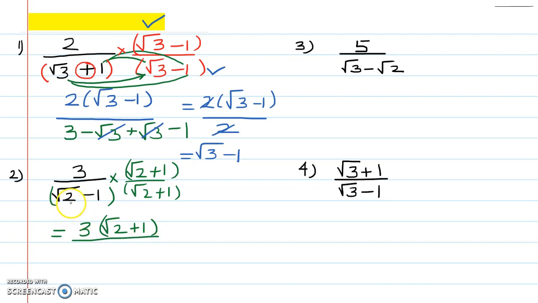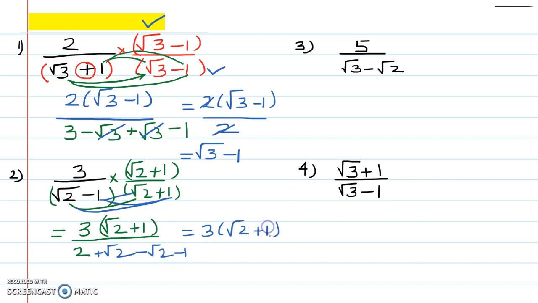Now root 2 minus 1 times root 2 plus 1: root 2 times root 2 becomes 2, root 2 times 1 is root 2, minus 1 times root 2 is minus root 2, and minus 1 times 1 is minus 1. So we have 3 root 2 plus 1, and the root 2 terms cancel out. 2 minus 1 is 1.